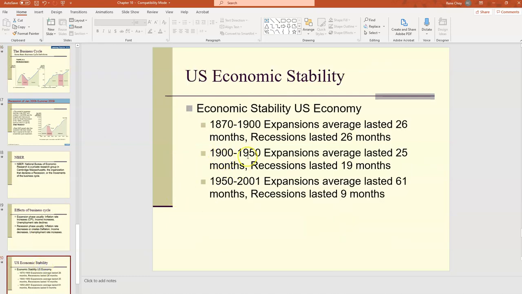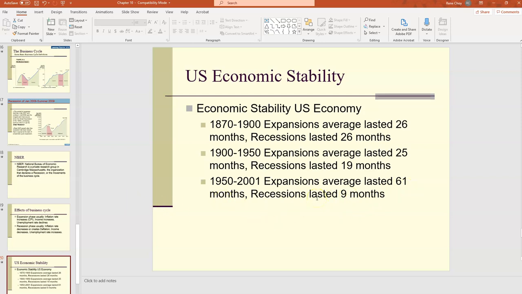Between the 1900s and the 1950s, expansions started lasting longer, about 25 months, and recessions started lasting less, about 19 months. Between 1950 and 2001, expansions averaged about 61 months and recessions lasted about 6 months.